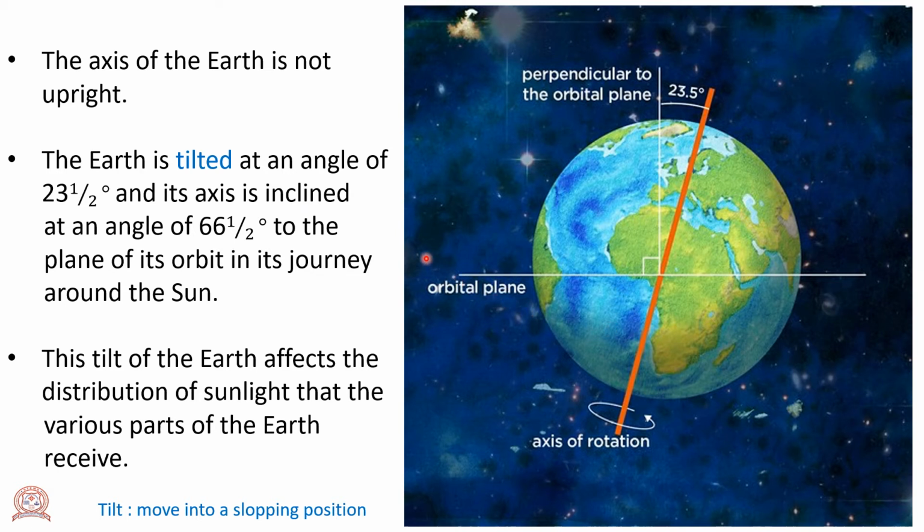When the sun rays fall directly on the equator, the places near the equator receive the sun rays directly and the temperature is very high. But in the polar regions, North Pole and South Pole, the sun rays received are very less. So the polar region is covered with snow throughout the year.